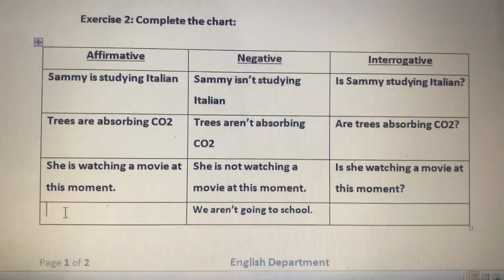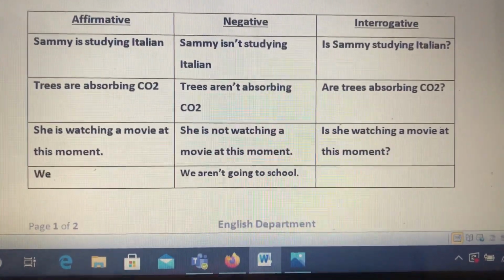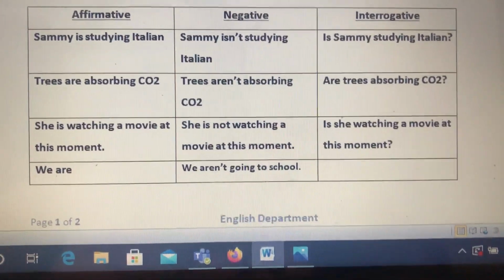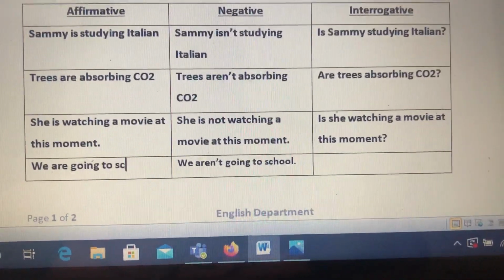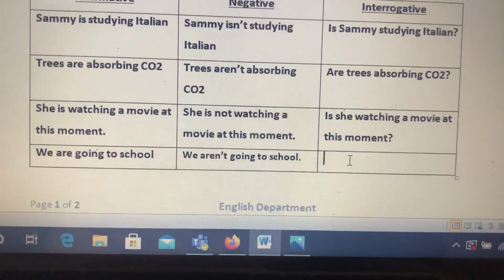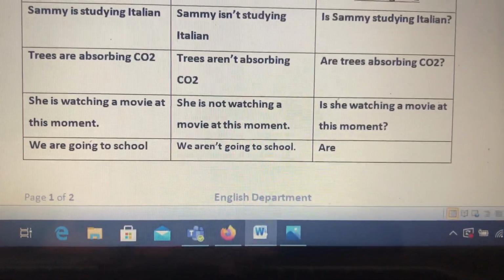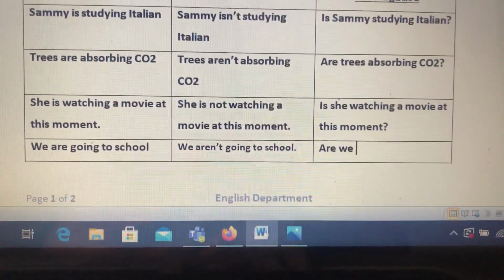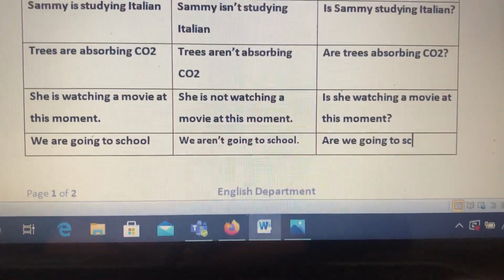In the affirmative form, we are going to school. And in the interrogative or the question form, are we going to school?